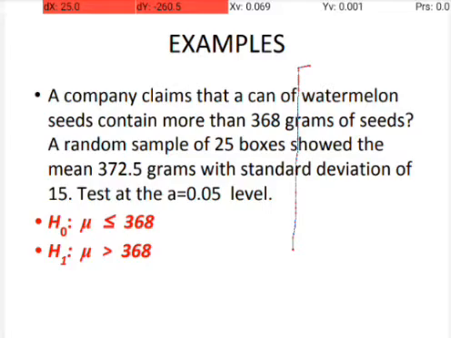The company claims that the can contains more than that, so the null hypothesis is μ less than or equal to 368. The alternative is μ greater than 368. So we go like that.